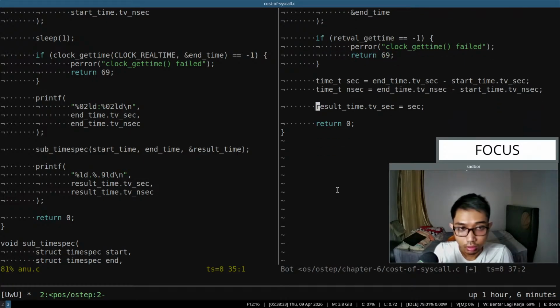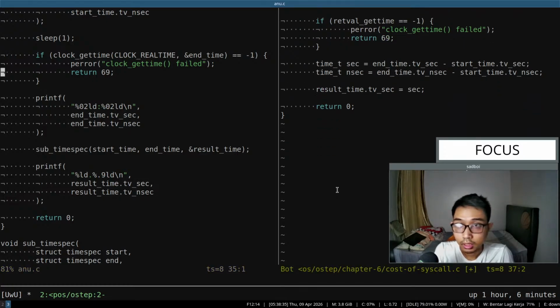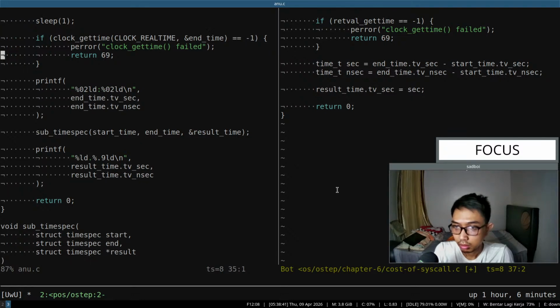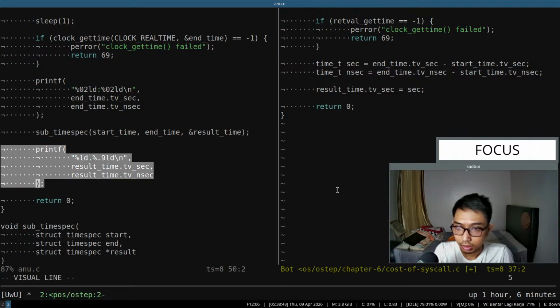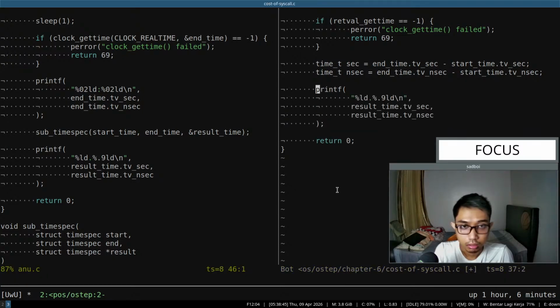I don't think we need to save that in the struct, and we can maybe just print it out directly like this.